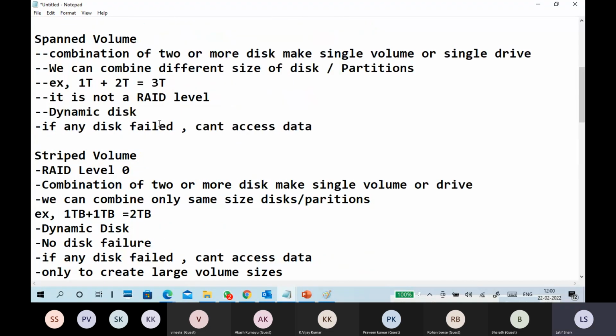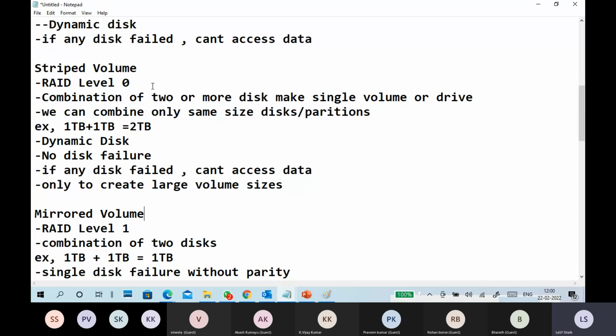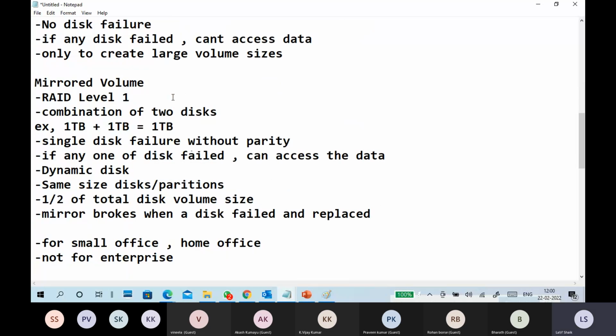If you need a big volume size, not disk size, you will go to striped volume. For a small office, small organizations, mirror is enough, because it's a regular desktop, not a server.